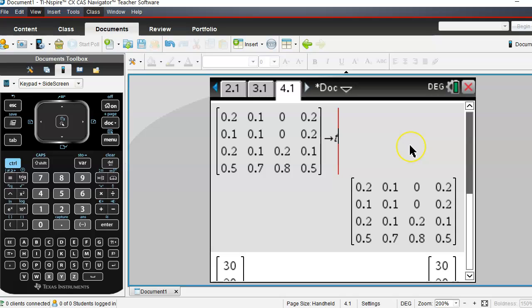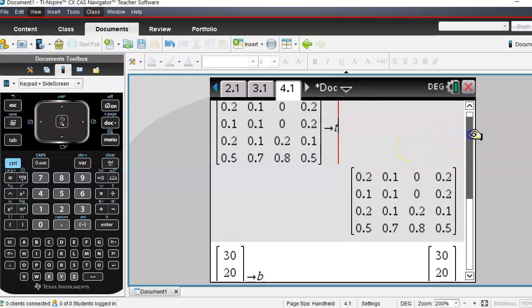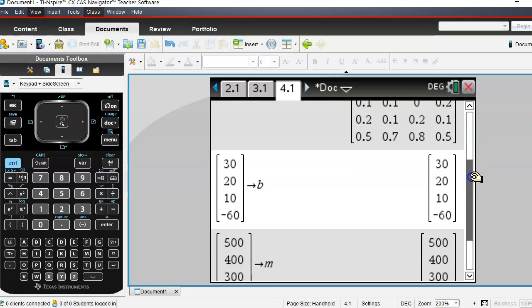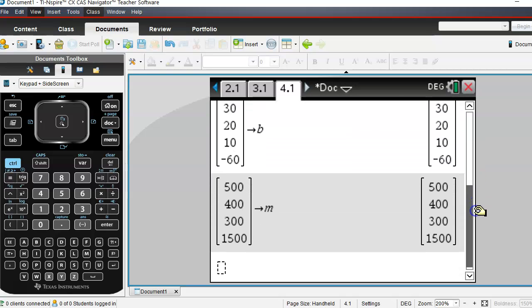So there's our transition matrix. I've put it to variable T, there's B, and there's M, our initial. Okay, so M1 is going to be T times M plus B.